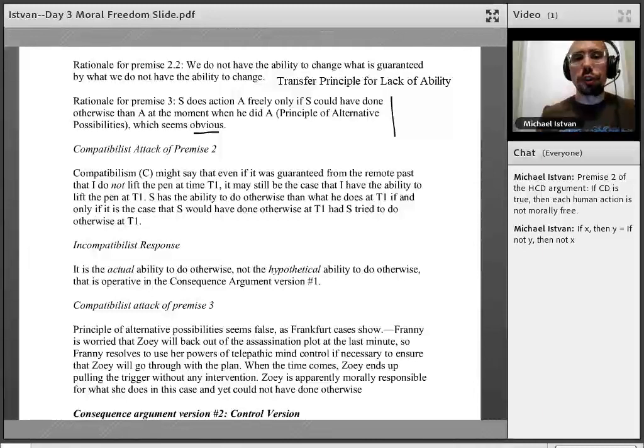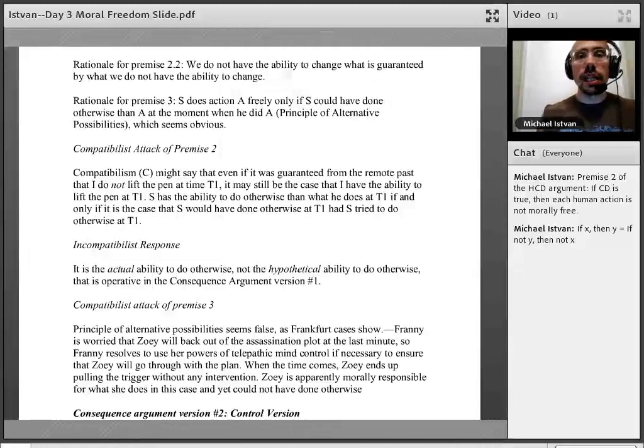The principle of alternative possibilities is saying in standard conditional form, if S does action A freely, then S could have done otherwise than A at the moment when he did it. And you can just deduce what premise 3 is saying by doing the contrapositive on this.